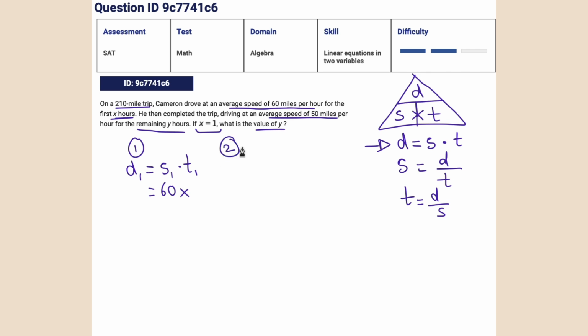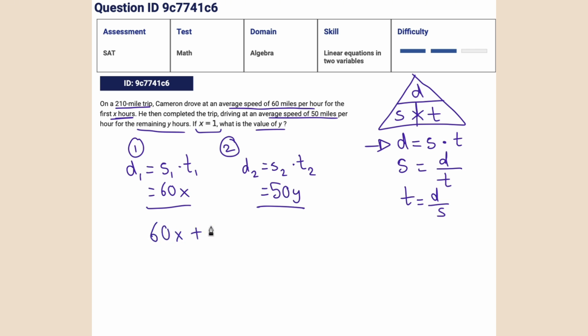And the second distance, d2, equals speed 2 times t2, which is time 2. The second speed is 50 miles per hour, and the remaining hours, it's y. Okay, 50y.